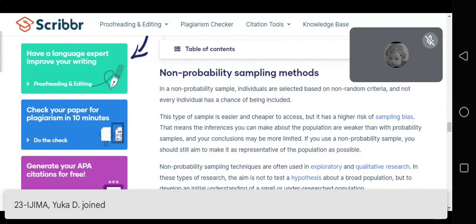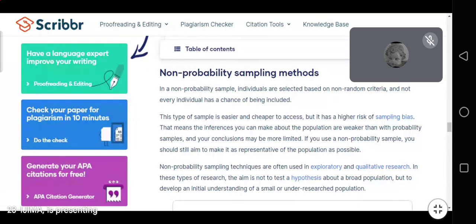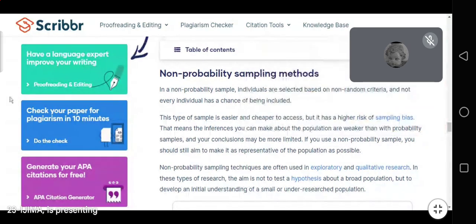So hi, I'll be teaching the non-probability sampling methods. In non-probability sampling, individuals are selected based on non-random criteria, and not every individual has a chance of being included.